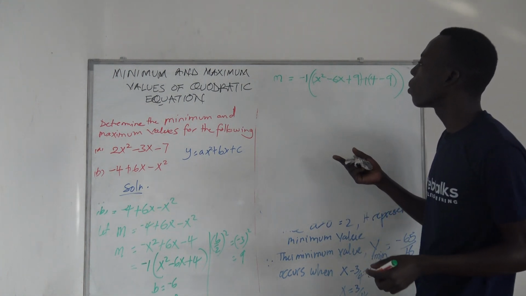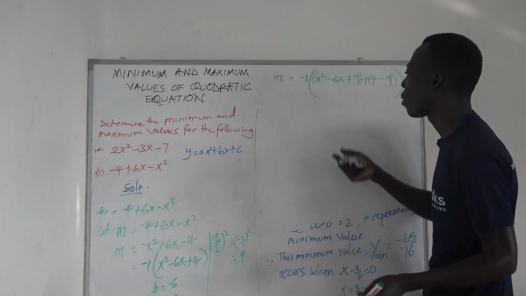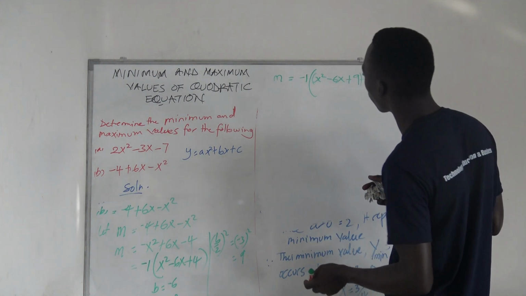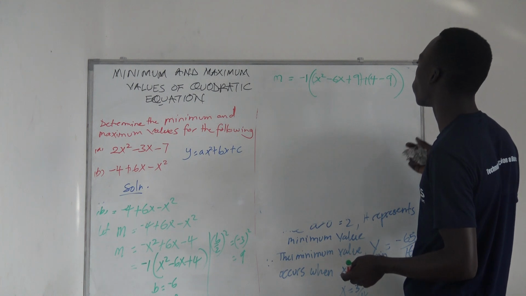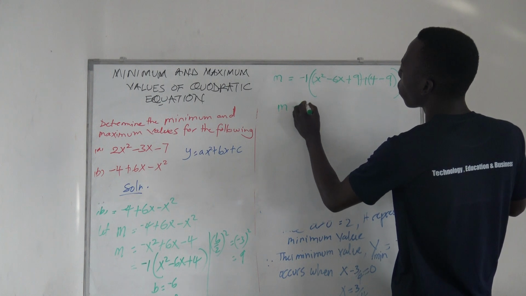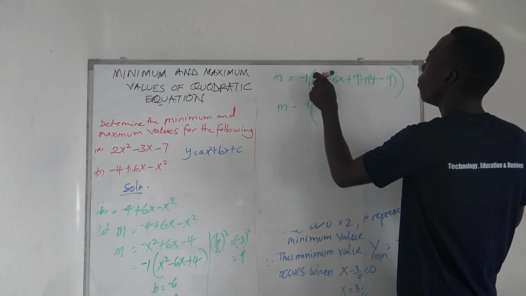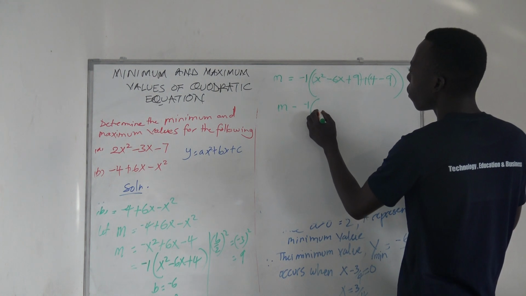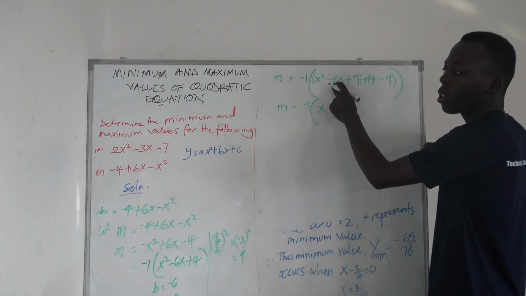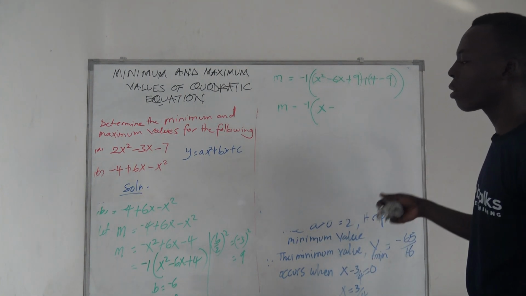So now, on this one, we see which number can be squared to come out with this. So we have to get that number which, when squared, gives us this. So m equals negative 1 times, we pick the number which is x. We check the sign in the middle, which is a minus. Now we get that number which is not squared.